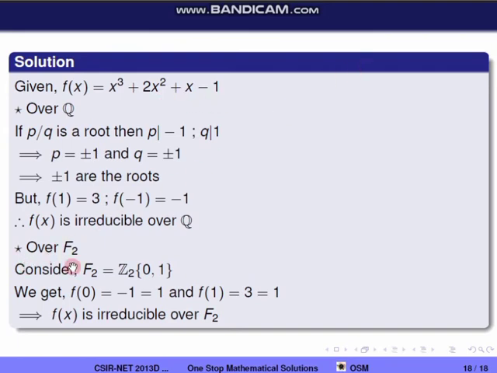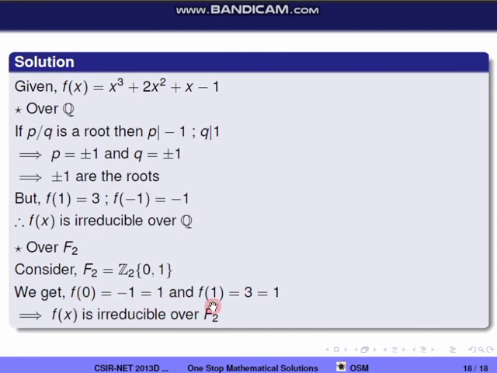Over F2. F2 means the finite field of two elements. So I am taking it to be equal to Z2. So Z2 is a finite field with two elements. So that is equal to 0 or 1. So we will check whether f(x) is irreducible over Z2. For that we will check whether it doesn't have a root over Z2. So f(0) is equal to -1 and -1 mod 2 is equal to 1. So 0 is not a root of f(x).